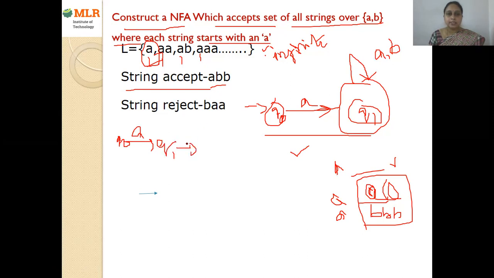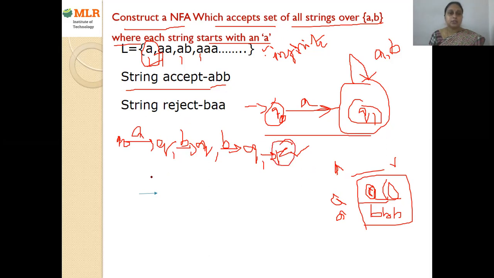Q1 on the next input symbol B stays in Q1 itself, and Q1 on B moves to Q1 again. And here Q1 is the final state. That's why the string is accepted.